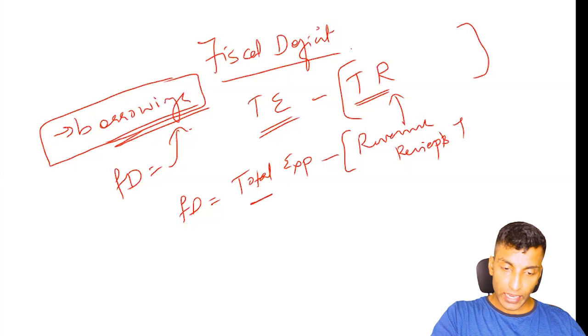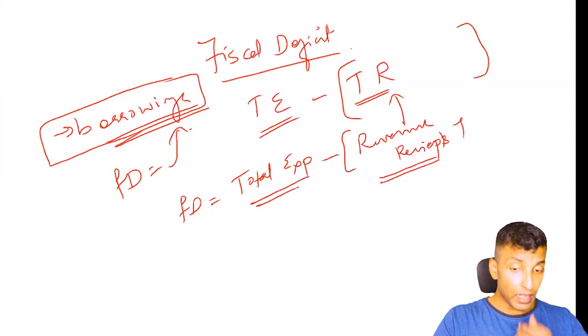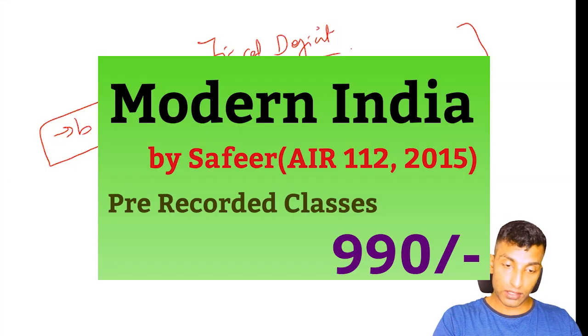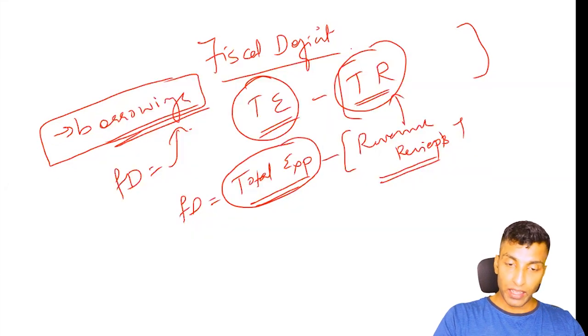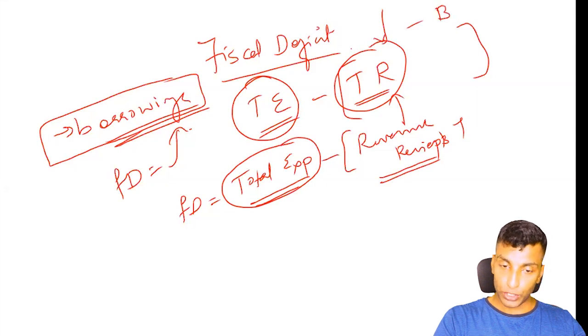So can I say total expenditure minus entire revenue receipts will come? Now from total expenditure minus total receipts except borrowing. So total expenditure is done. Now I need to talk about total receipts minus borrowing. Total receipts means revenue receipts plus capital receipts, right?